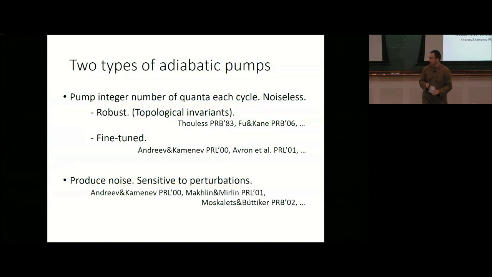I always pump an electron. The second group are the pumps that produce noise. And the only pumps of this type seen so far by humanity are those sensitive to perturbations. Like we saw, we changed the reflection amplitude slightly, we slightly changed the current, we slightly changed the noise. Yes?